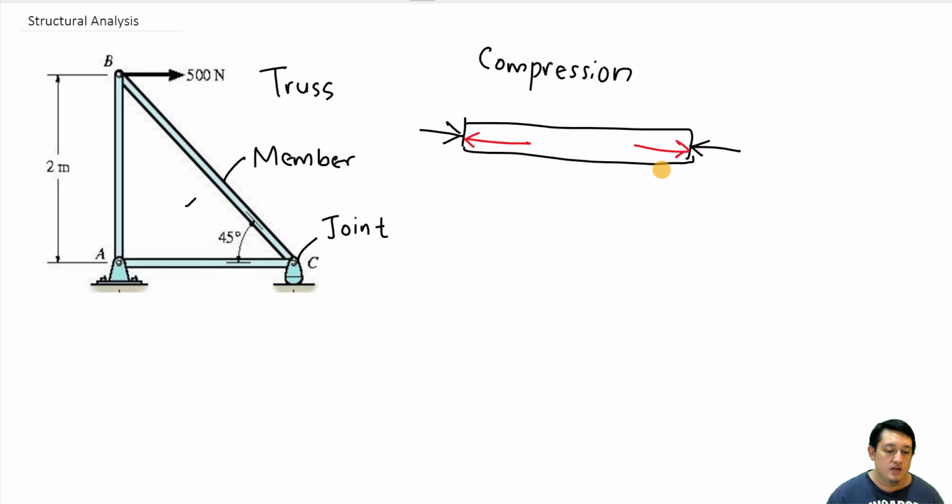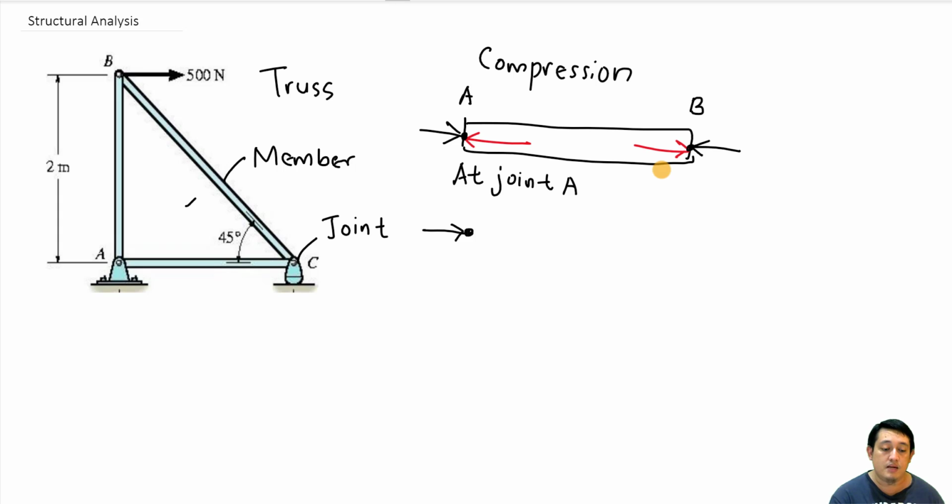If we label this point A and this point B, and we draw the free body diagram at joint A, this is our external force.